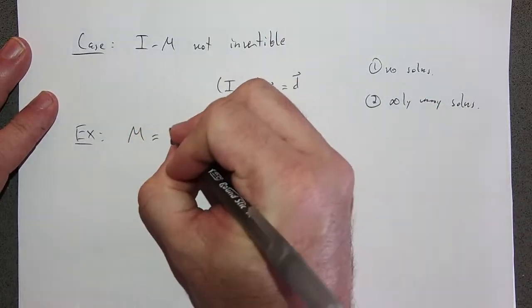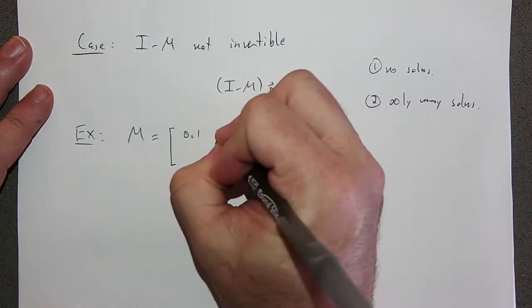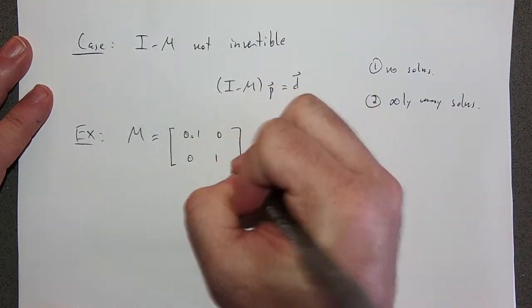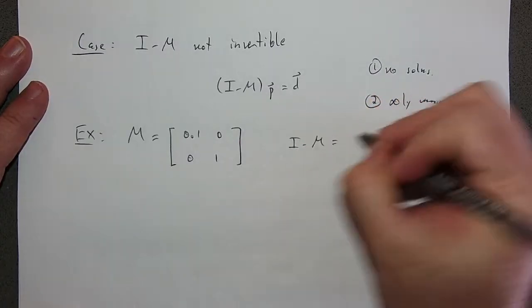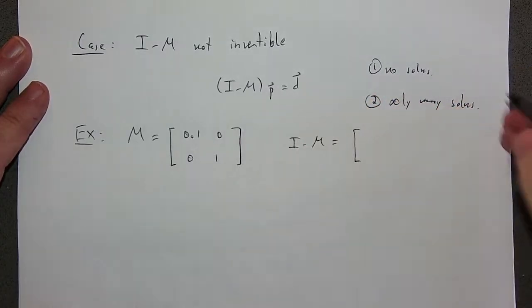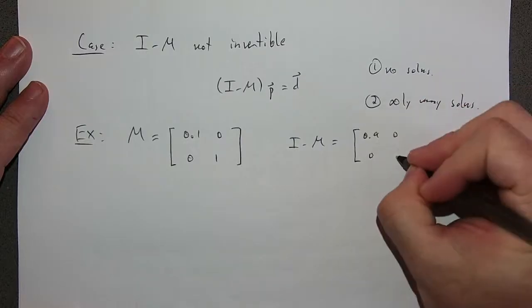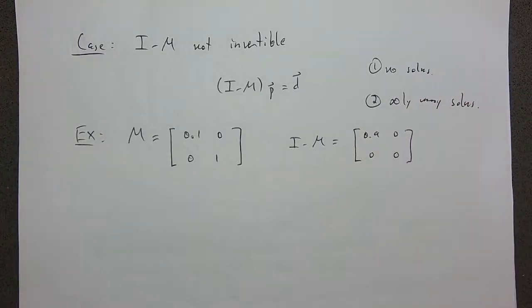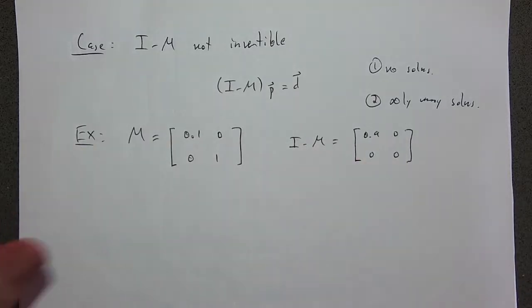So, for instance, if my consumption matrix is 0.1, 0, 0, 1, then I minus M is 0.9, 0, 0, 0. This is clearly not invertible because its determinant is 0.